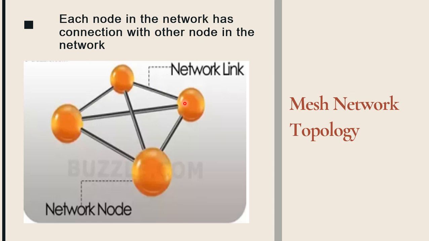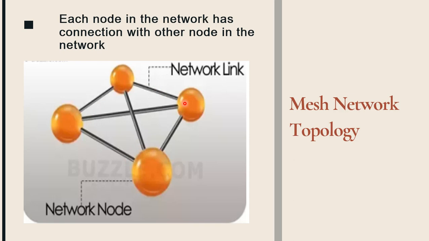For this type of network, a lot of cable and wiring is required, thus its cost is quite higher in comparison to the other networks. And complexity: administration of the mesh network is difficult and it is more complex as all the nodes are connected with each other. So this one is another type, that is mesh network topology.